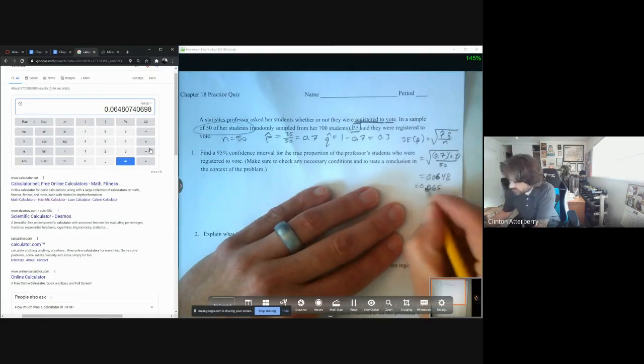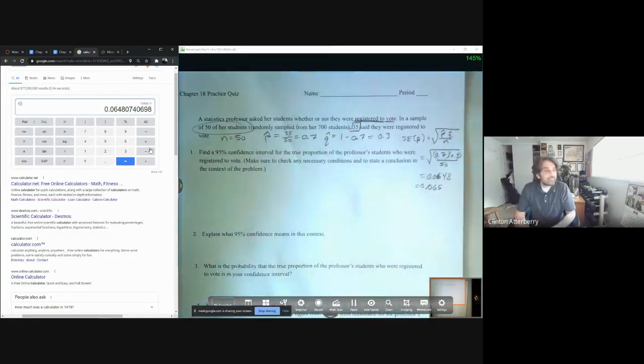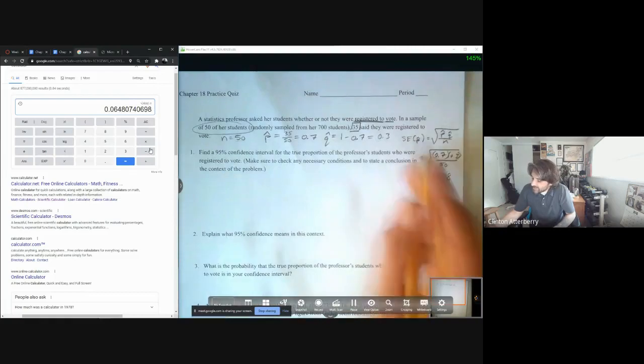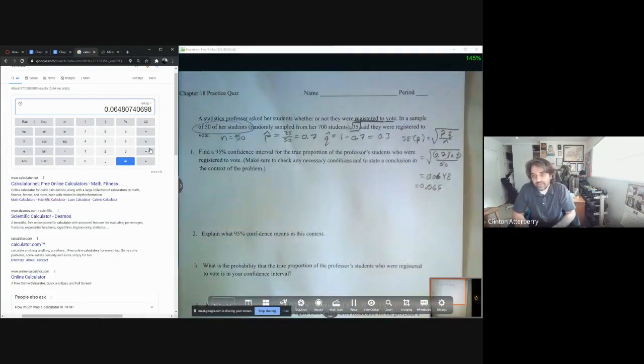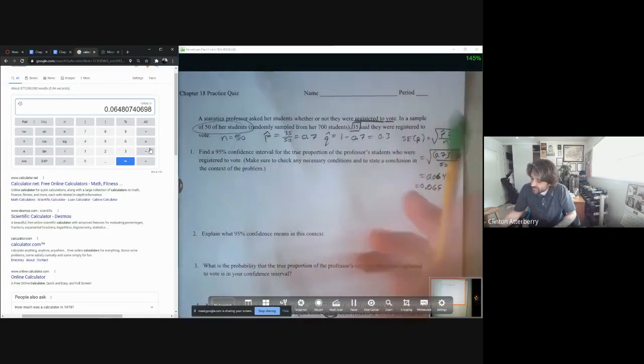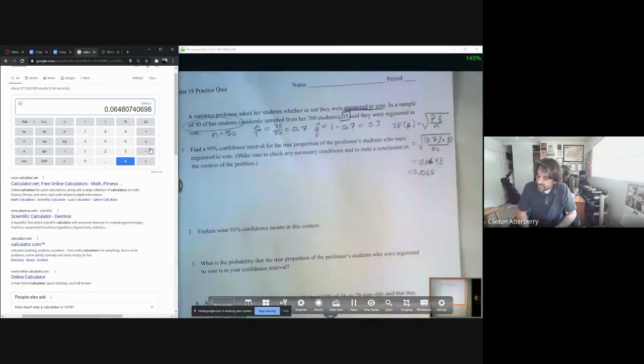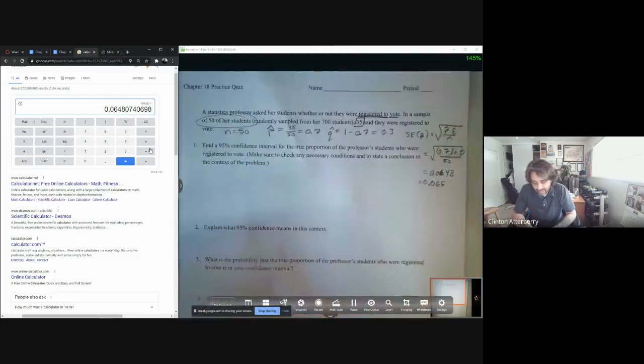That should be good enough for this problem, to the thousandths place. So my standard error is going to be 0.065. So what does that mean? Nothing right now. We haven't even asked a question yet. They just told us that 35 out of 50 students were registered to vote. So from there, I calculate this stuff because I know I'm going to need those numbers.